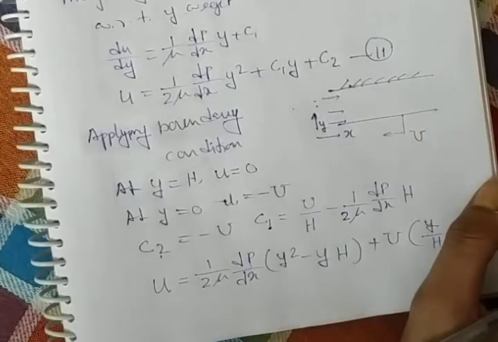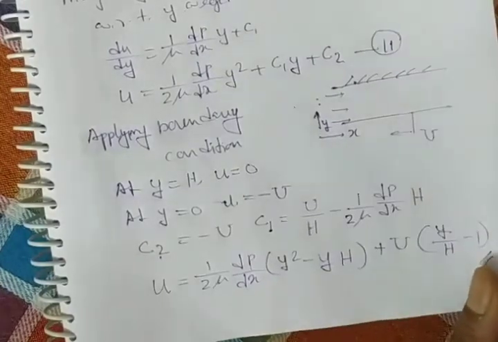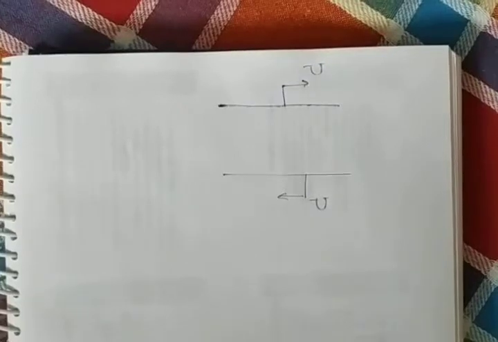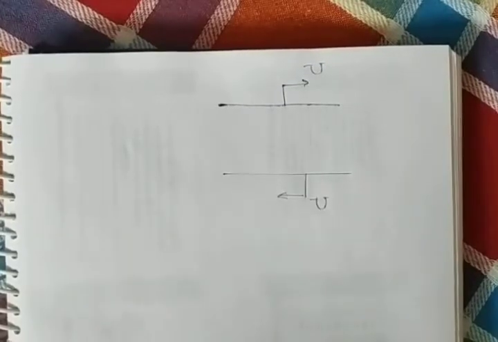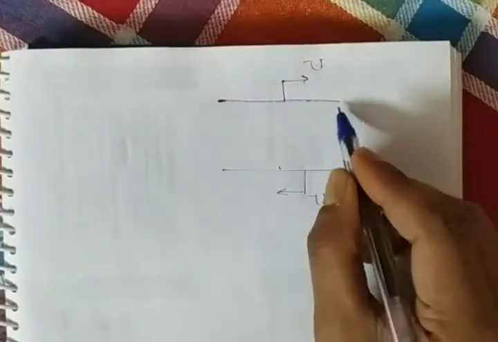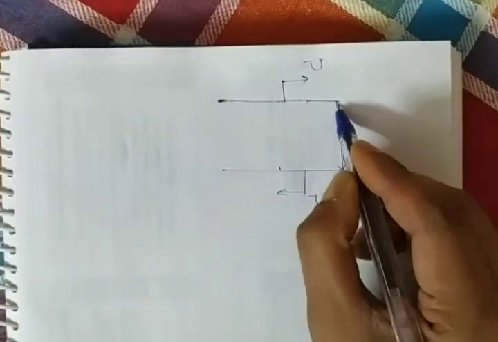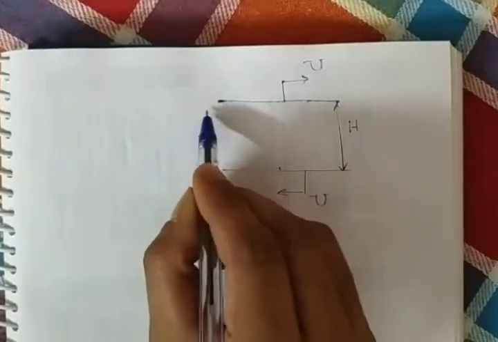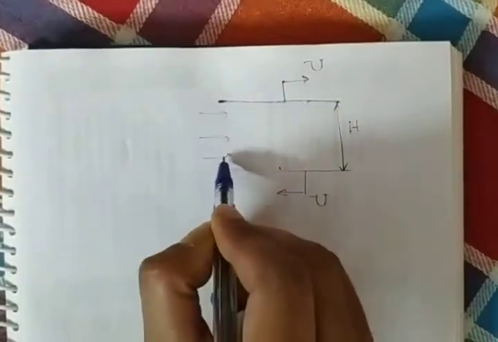Thank you. Hope you understand. Now I give you one assignment. Try to solve one problem. Suppose the distance between two parallel plates is capital H, and fluid is flowing from left to right.